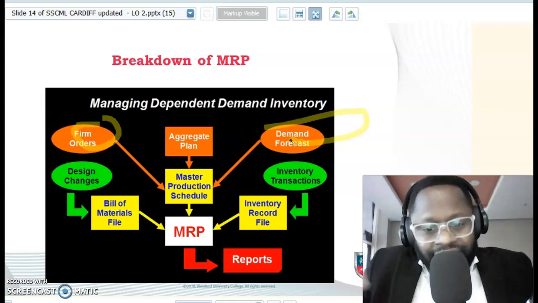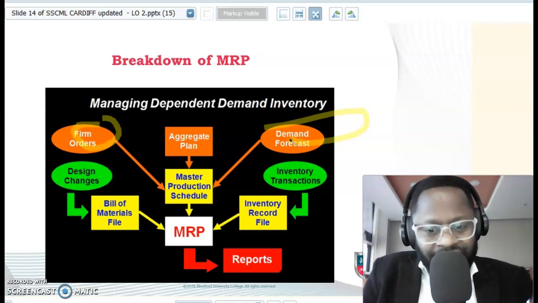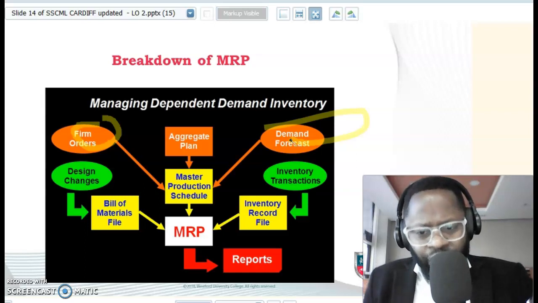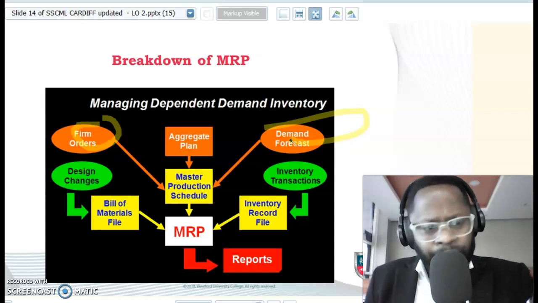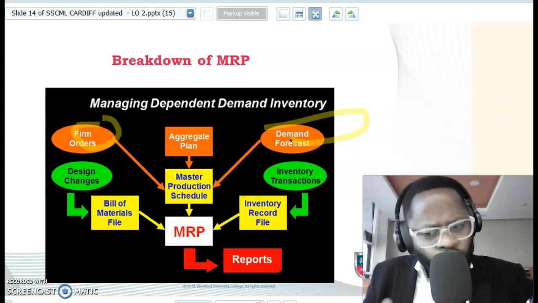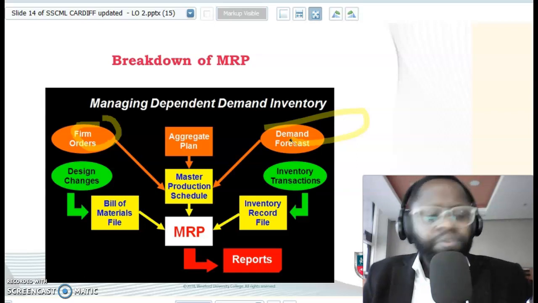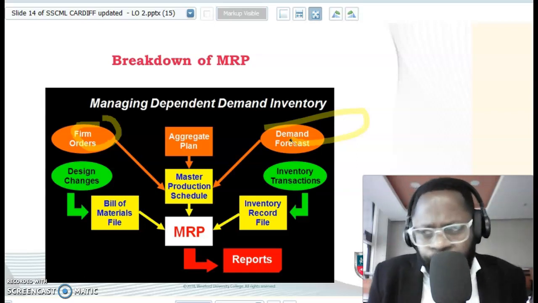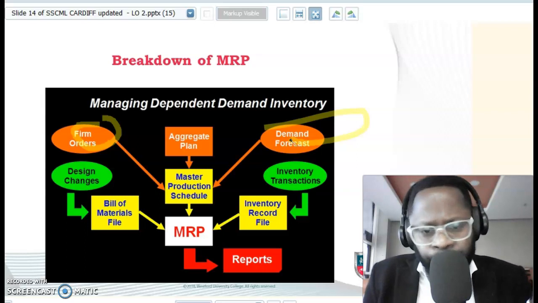So, in other words, MRP takes all this into consideration and it explodes, it runs a report and tells the manufacturer how much they should be producing or how many units they can produce. Not just how many units can we produce, but how many units should we be producing.